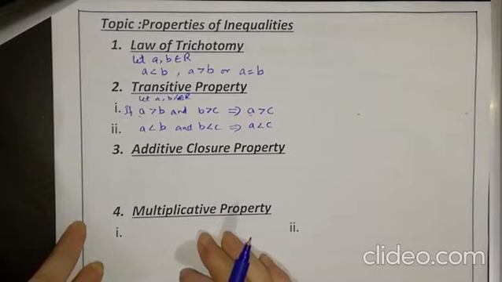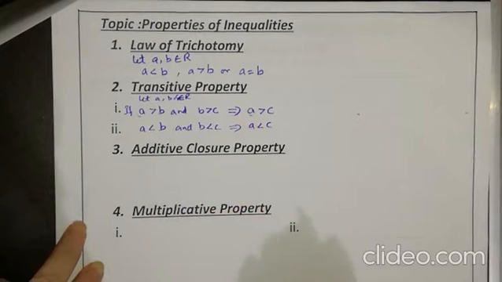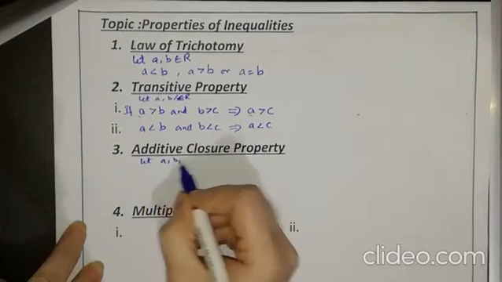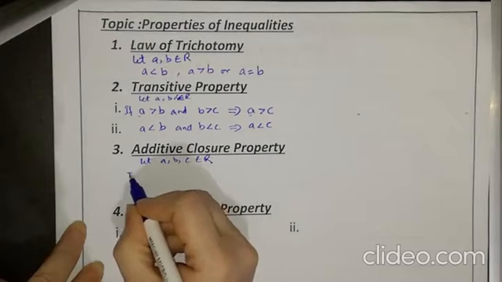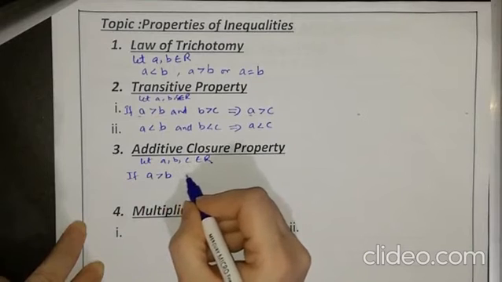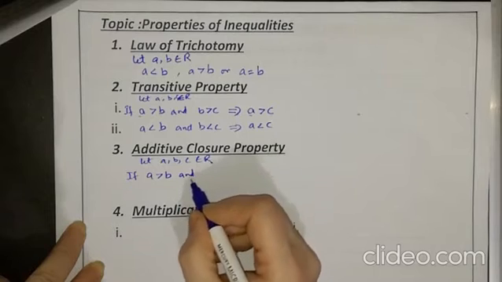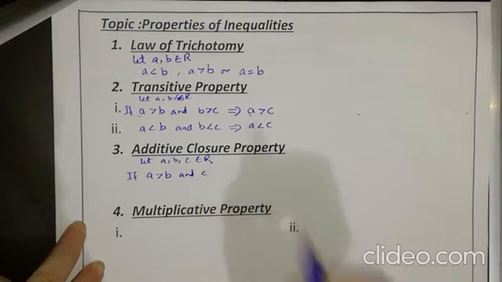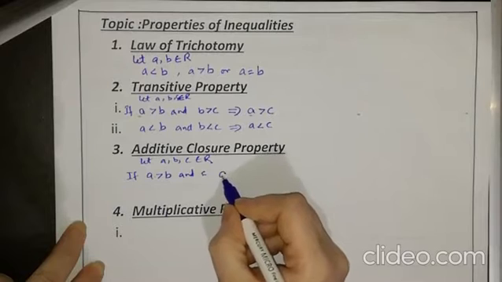The third property is the additive closure property. As you see, the name additive means there must be some addition in it. So let A, B, C belong to R. If A is greater than B and C is positive, you will add C to both sides of the inequality.